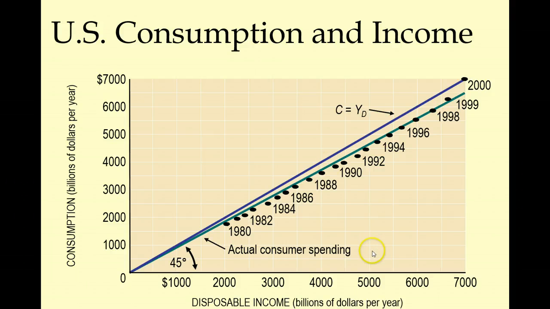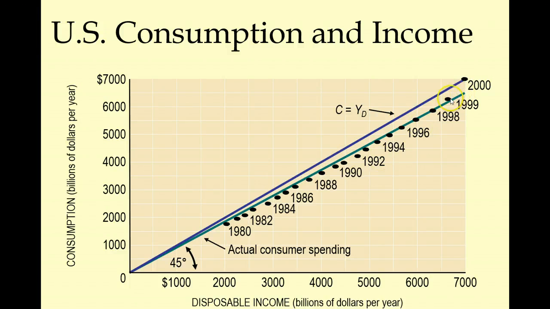For example, let's look at roughly 1992 data. Let's assume that you're earning $5,000. Well, in 1992, we were on this part of the line, and notice how it's below the 45-degree line, which meant that you only spent about $4,600.